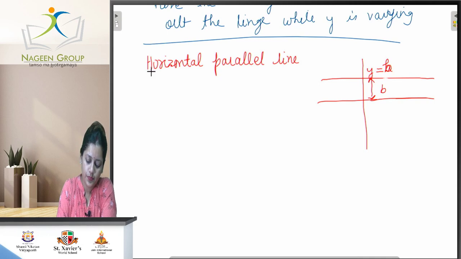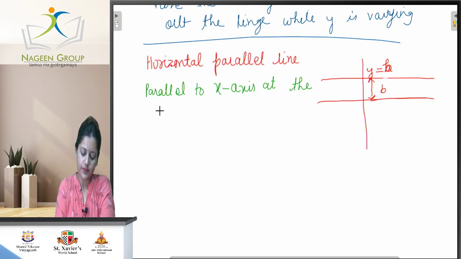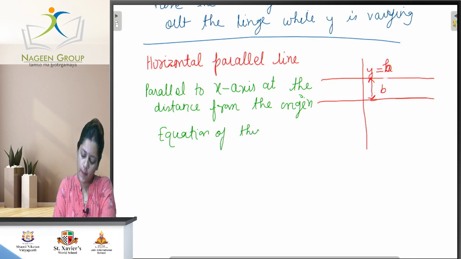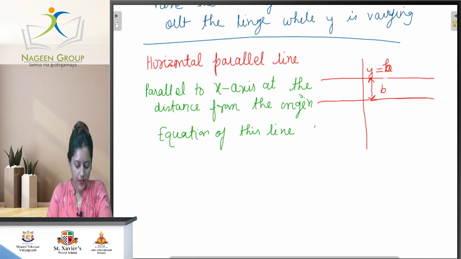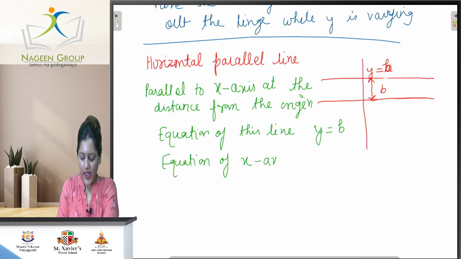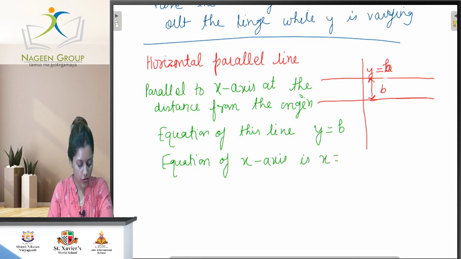So the line parallel to the x-axis at the distance b from the origin has the equation y is equal to b, while the equation of the x-axis is y is equal to 0.